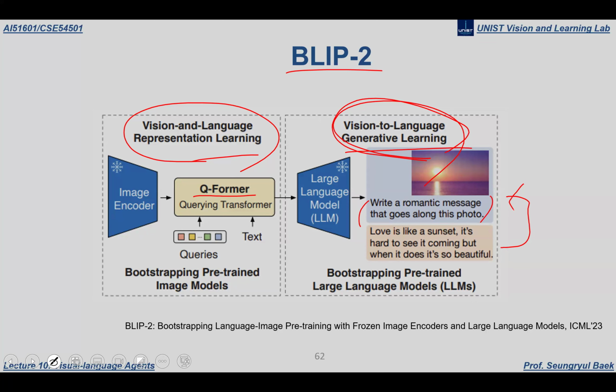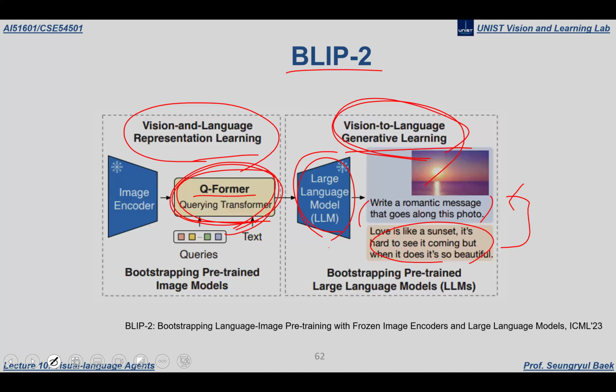That is BLIP version 2. They first train this Q-Former, the query transformer, and then feed it to existing LLMs to generate the text outputs.